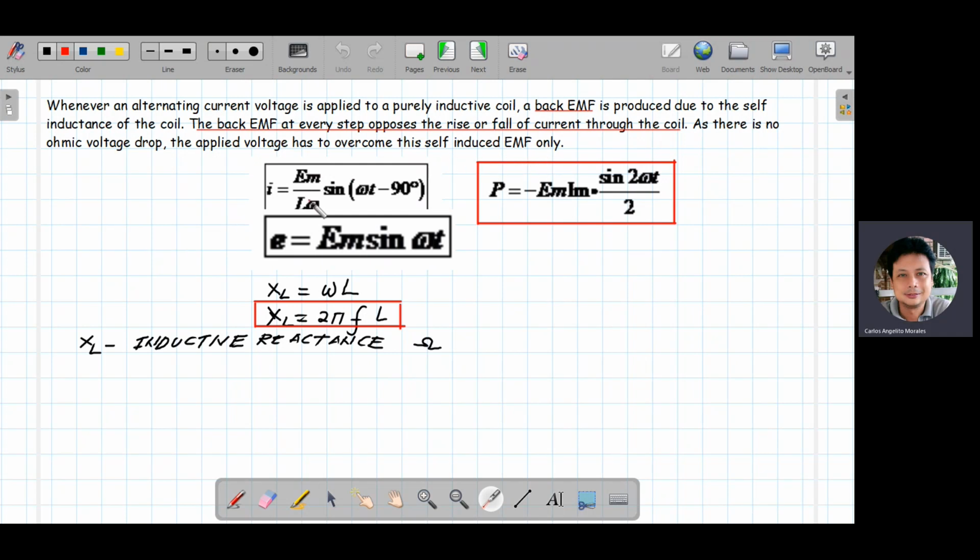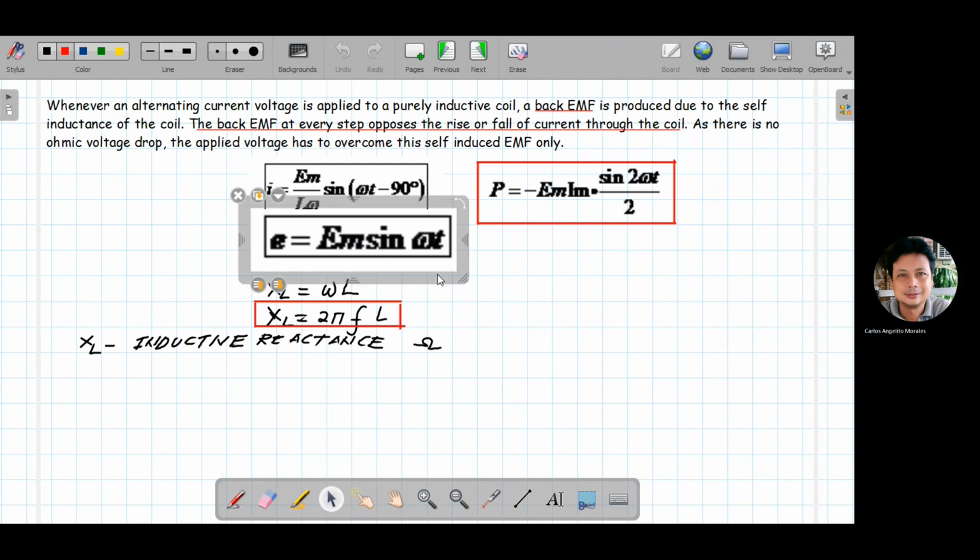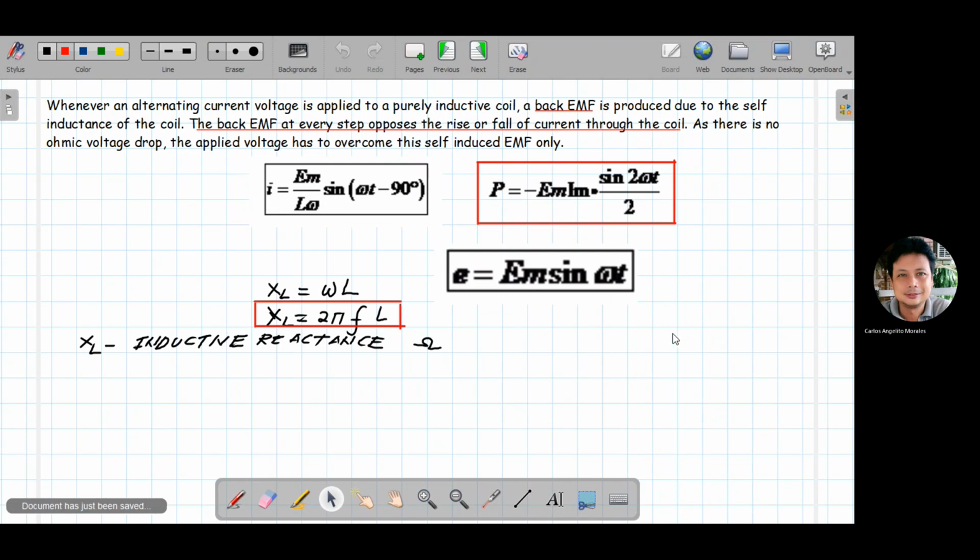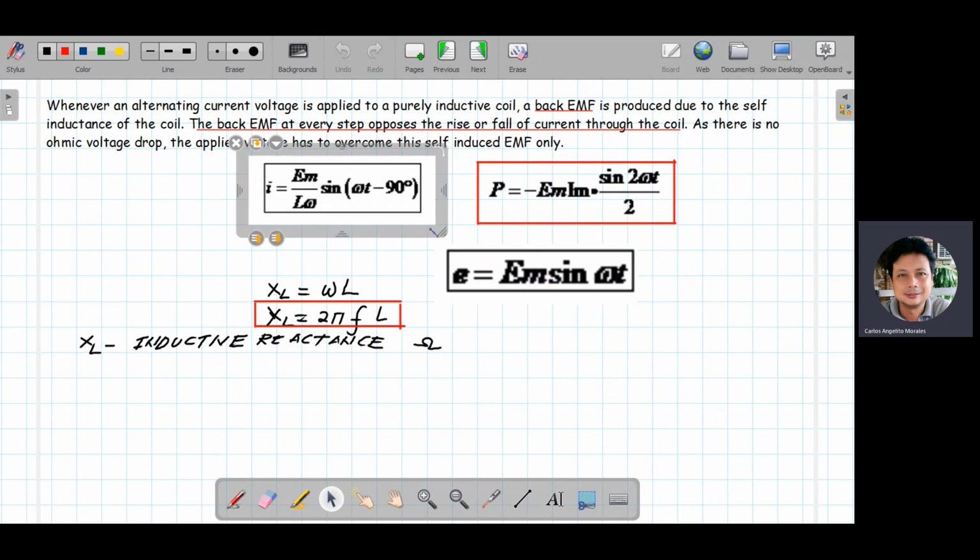So ito yung mga formula na dapat tandaan. Yung instantaneous current is E maximum over X sub L sine omega t minus 90 degrees.